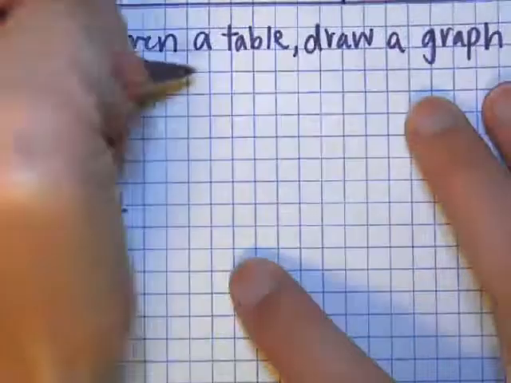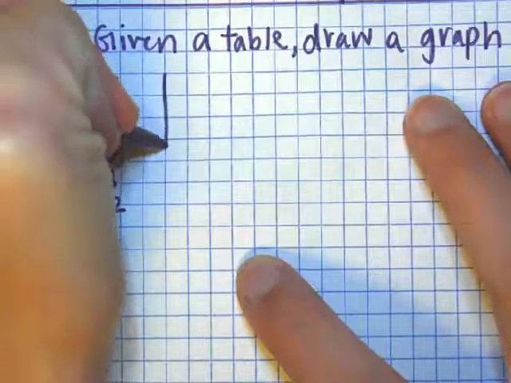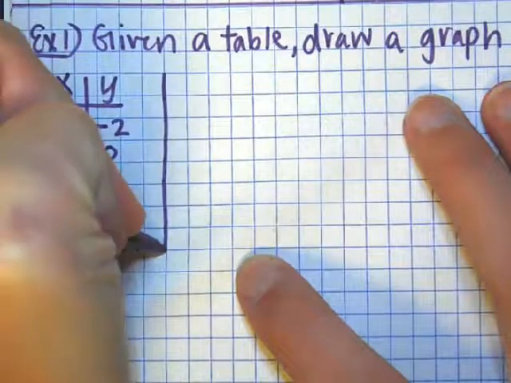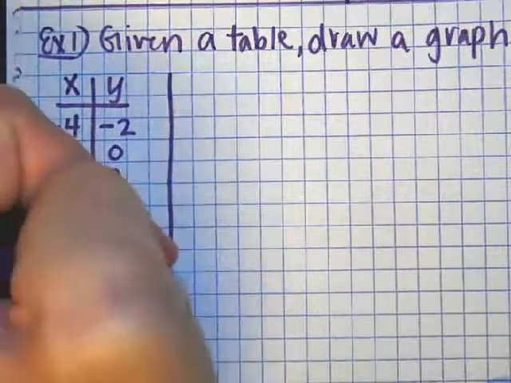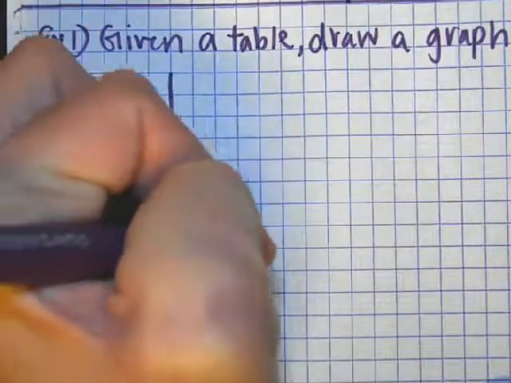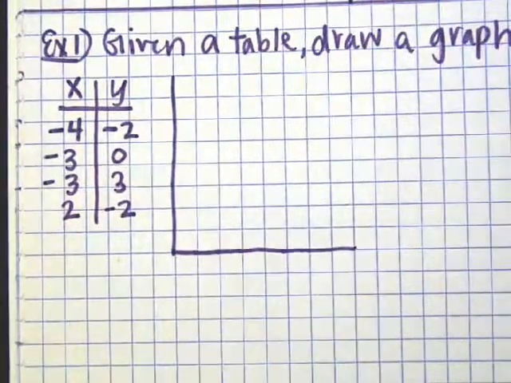So I'm going to draw the exact same graph that I did a while ago. 8 boxes down, 8 boxes across. And then I'm going to finish making my square.